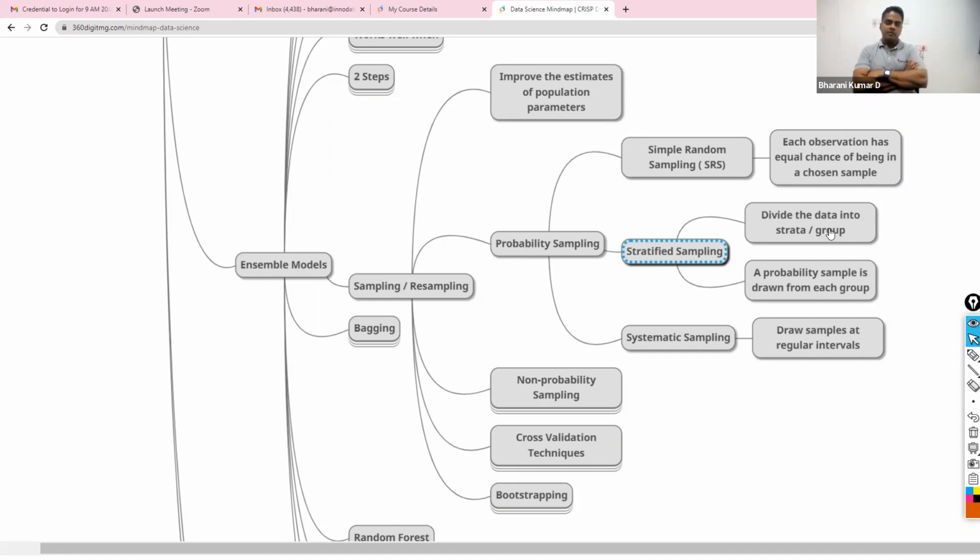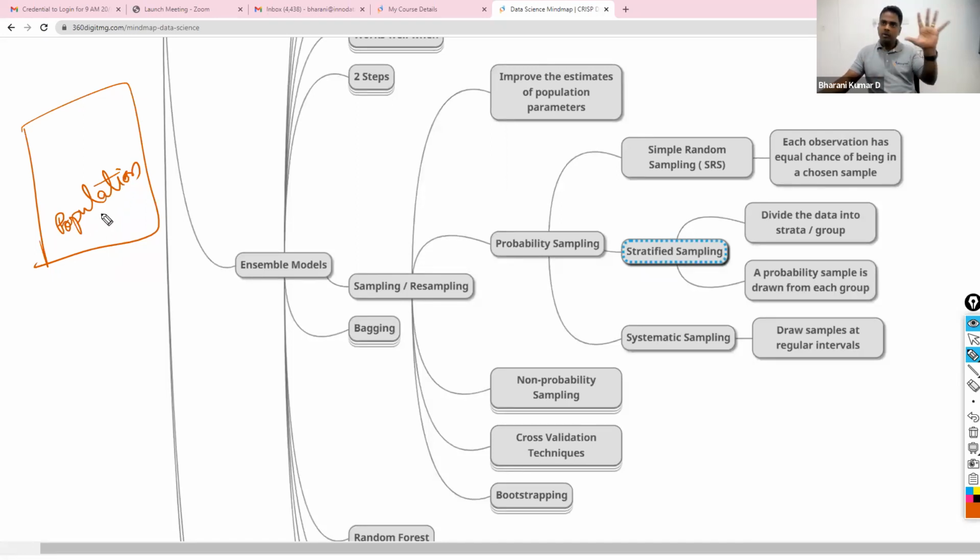At a national level, which party will win? Will you go and check every person who has cast a vote? No, you obviously take a sample. Every person who has cast a vote would be called the population. Not the entire population of India, only people who voted.